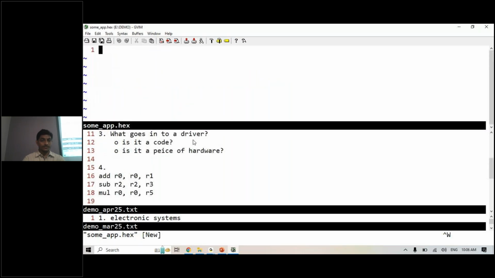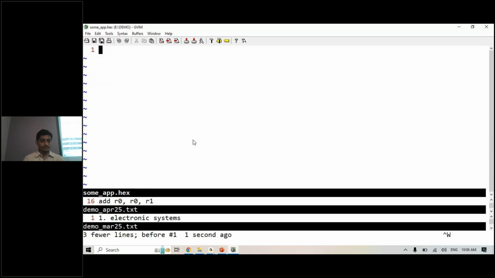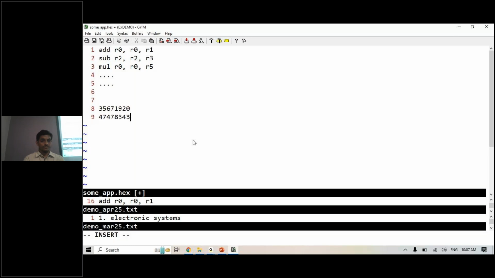Originally this is how it was. Long piece of code. This hex code actually will be stored. So in summary, this line is this code.